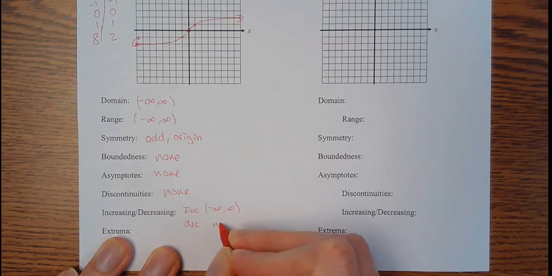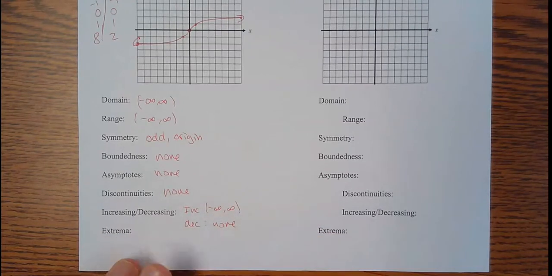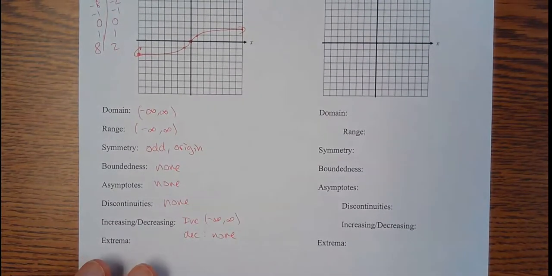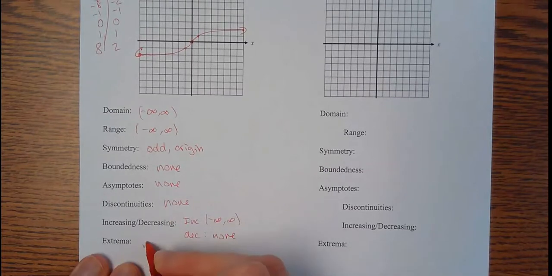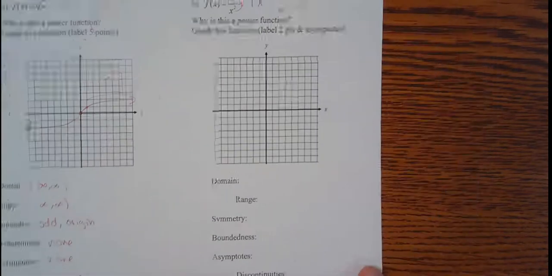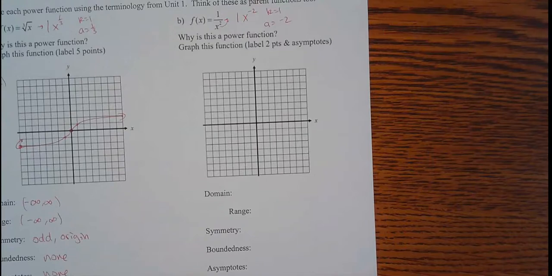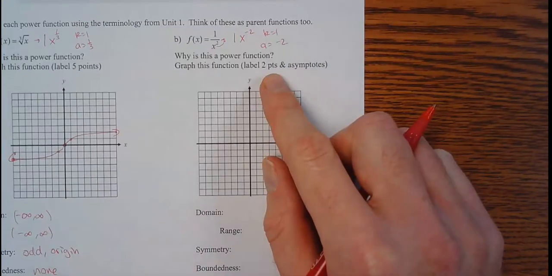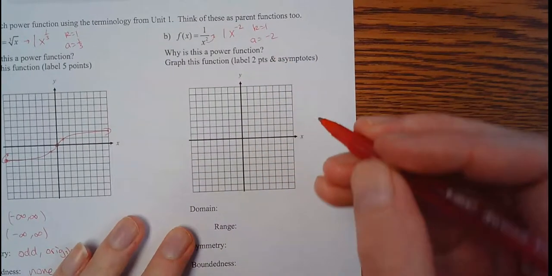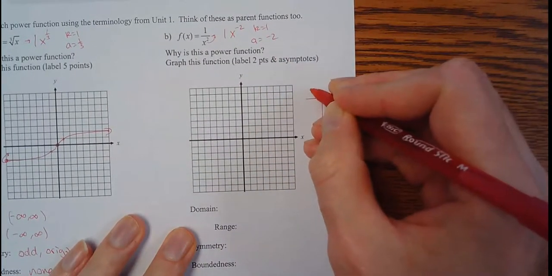Decreasing, none. Never. And then extrema. Does it have a maximum? It can't have a maximum or minimum if it's always increasing, so this one is none. The other guy here now says label 2 points and asymptotes. I might do more than 2 points.